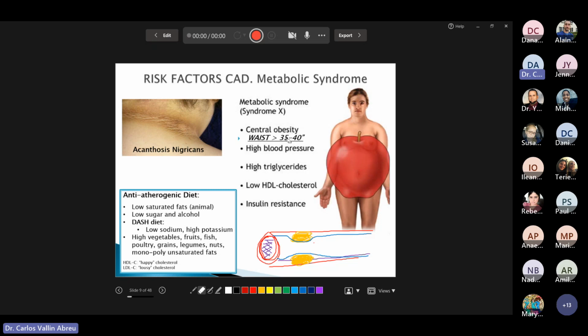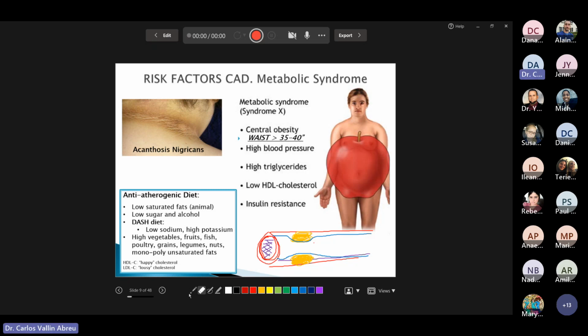They say that it is more than 35 inches for women and 40 for men, but you don't need to memorize that. It's the waist that you need to understand, and the apple shape obesity. Those are the terms that have been asked about in English: this central obesity, this truncal obesity, is the one associated with metabolic syndrome.